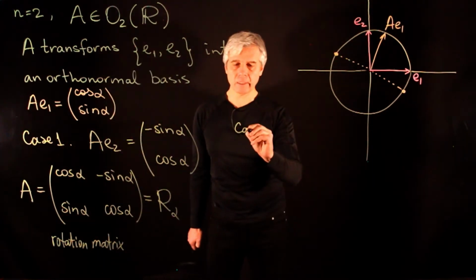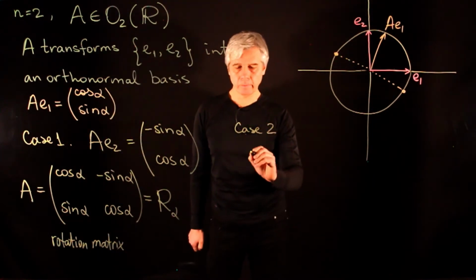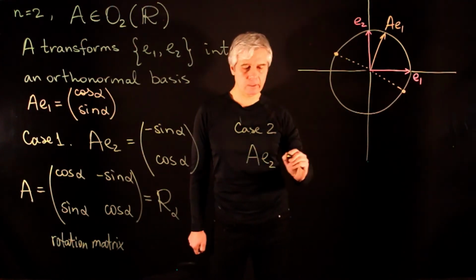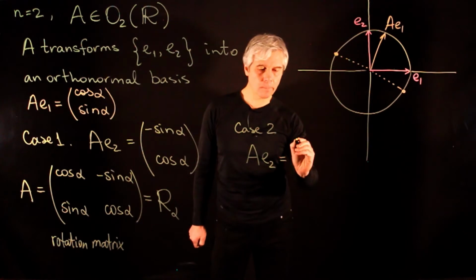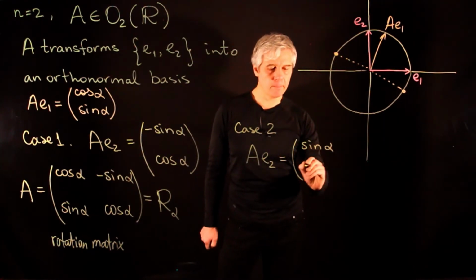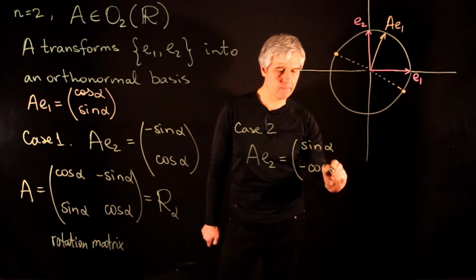In the second case, we choose AE2 to be this vector. So this is the opposite of this one. So it will be (sine alpha, minus cos alpha).